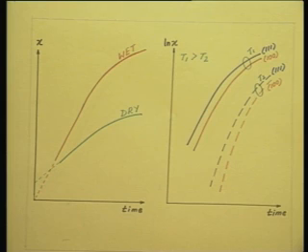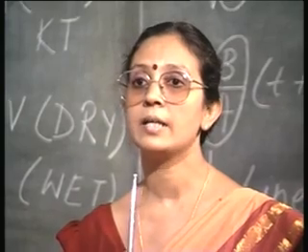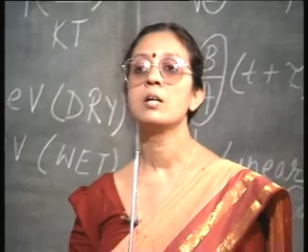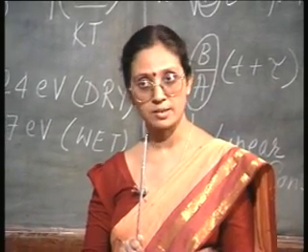Instead, it gives a non-zero intercept on the x axis, that is, on the thickness axis. That means, it is as if even at the beginning of oxidation, there is a finite thickness of oxide present. In other words, I have a non-zero xi, non-zero initial oxide thickness.